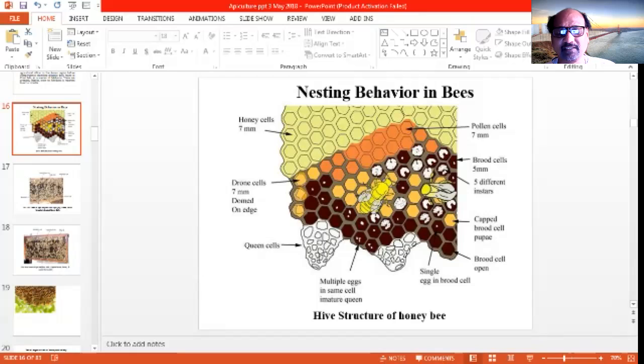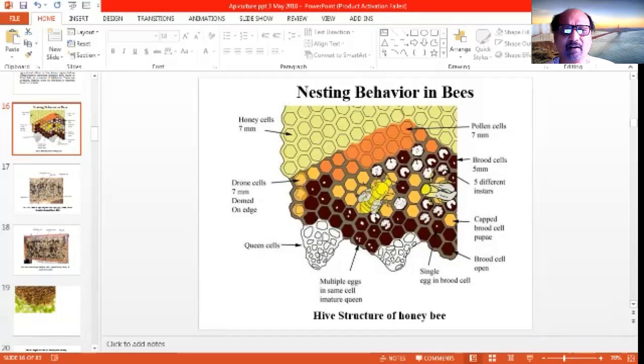Below that, at the end of the hive, there are some conical structures known as queen cells. There is a single queen, but many times a hive divides and another queen is developed, so new queen cells also form.